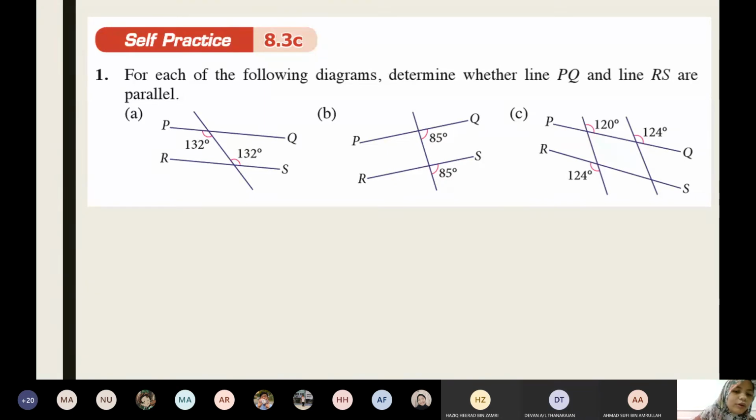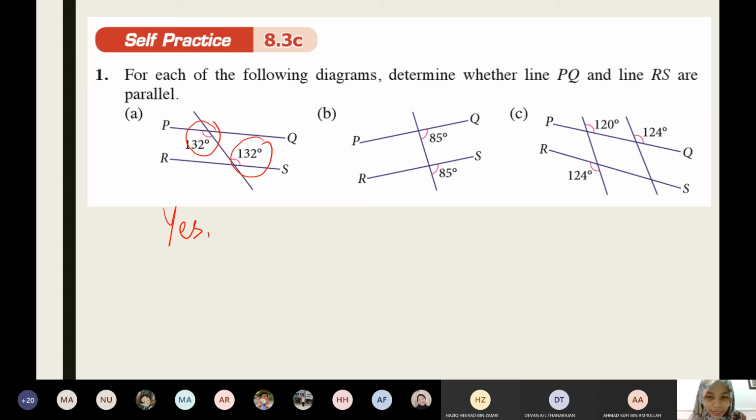Yes. Okay. So why we say yes? It is because it is alternate angles. Because the angles here are alternate angles. Okay. Dia kata yes or no je kan, tak ada reason kan? Oh tak apa. So yes.